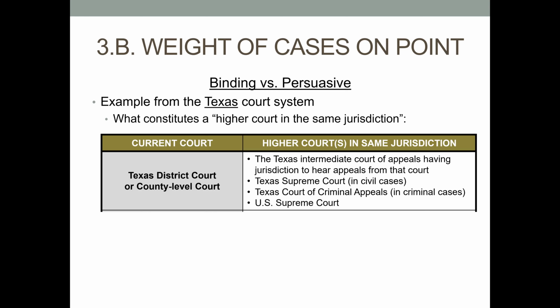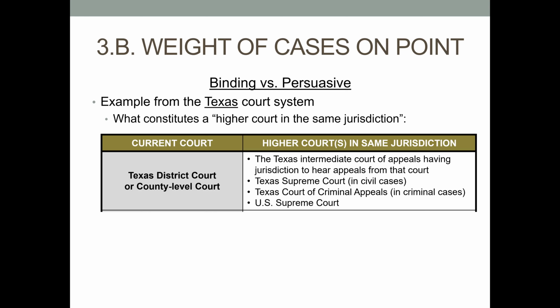If you have a case that originates in a Texas trial court, and it involves a U.S. constitutional issue of some kind, such as the constitutionality of a statute, then you could work your way up through the Texas appellate court system, and then after the highest court in Texas has ruled on it, the losing party would have the option, because the case involves a U.S. constitutional issue, to seek review of the highest Texas court's opinion in the U.S. Supreme Court.